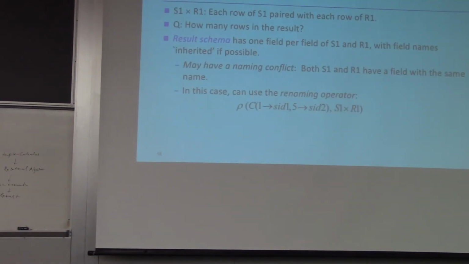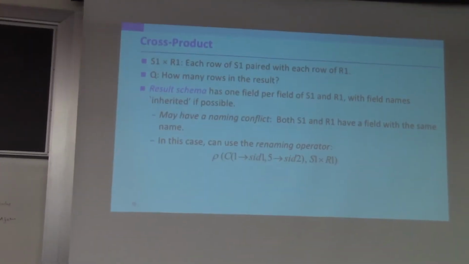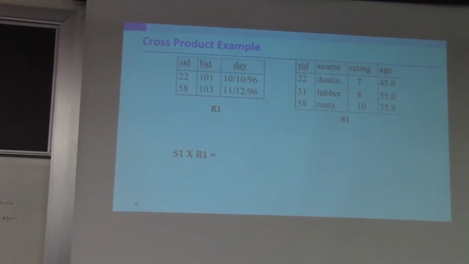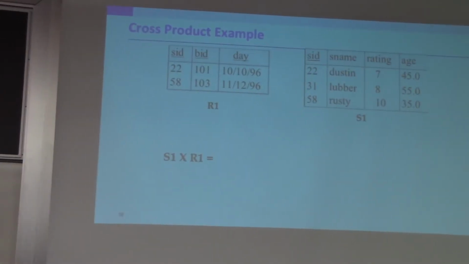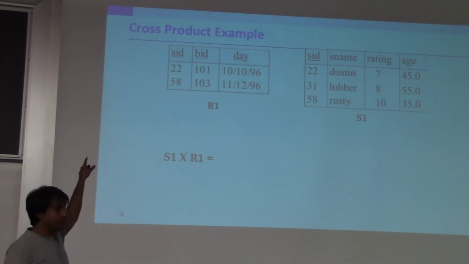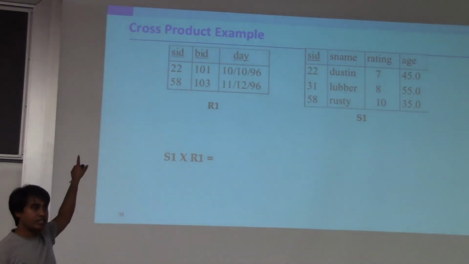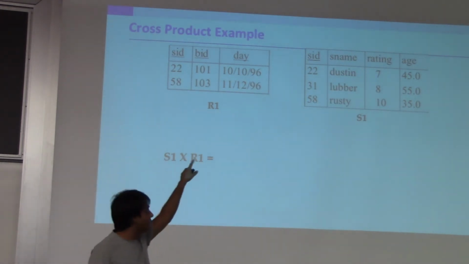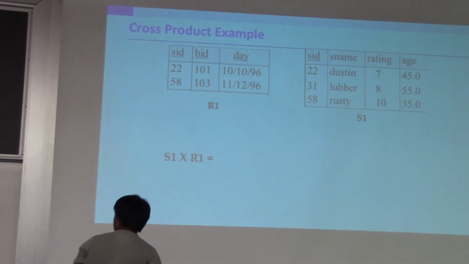So now let's talk about the cross product, and later on we'll come back to the intersection. Let's take an example at first. The Cartesian product is exactly this: for each row of a particular instance, you combine all the rows of the other instance.